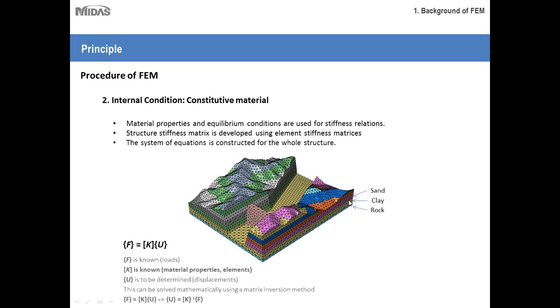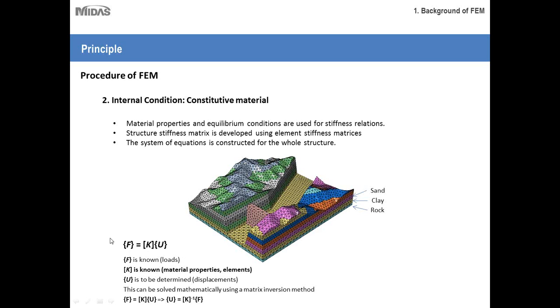A system of equations is then constructed for the entire structure. Going back to the basics, force is equal to K times U, where F is the loads, K is the stiffness matrix, and U is the displacement.